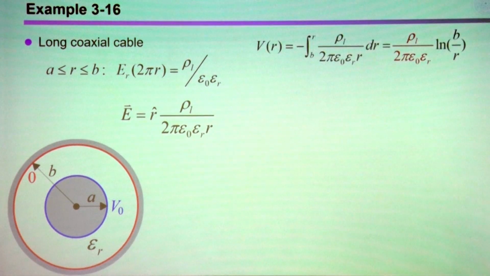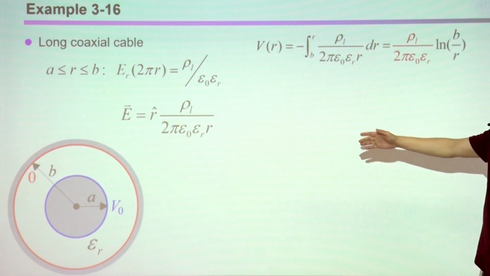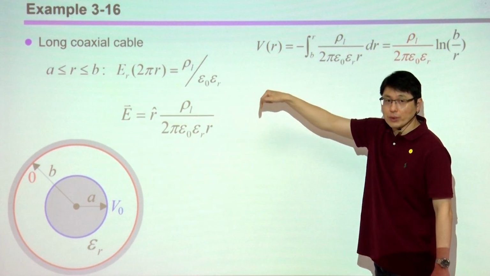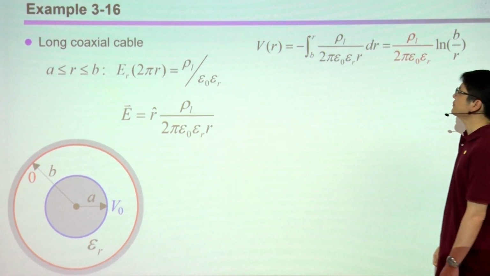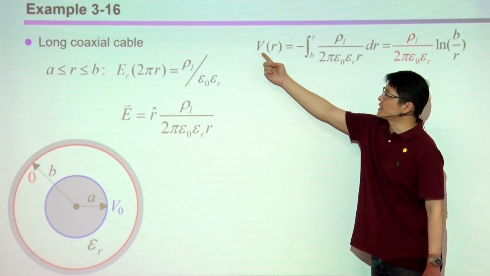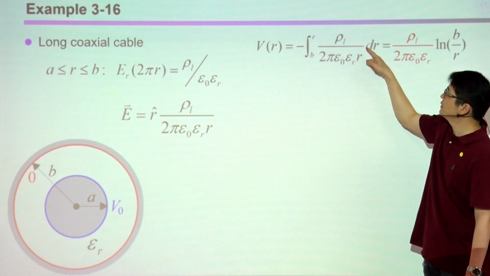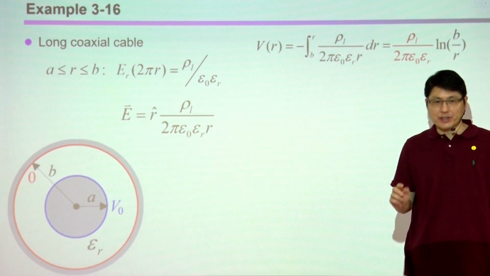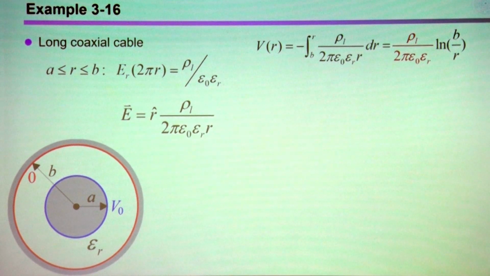We can integrate it, right? So the potential as a function of radius. Again, this is working in cylindrical coordinates, right? This is by definition. Potential as a function is the negative line integration of E dot with differential length. So that's your answer. Okay.